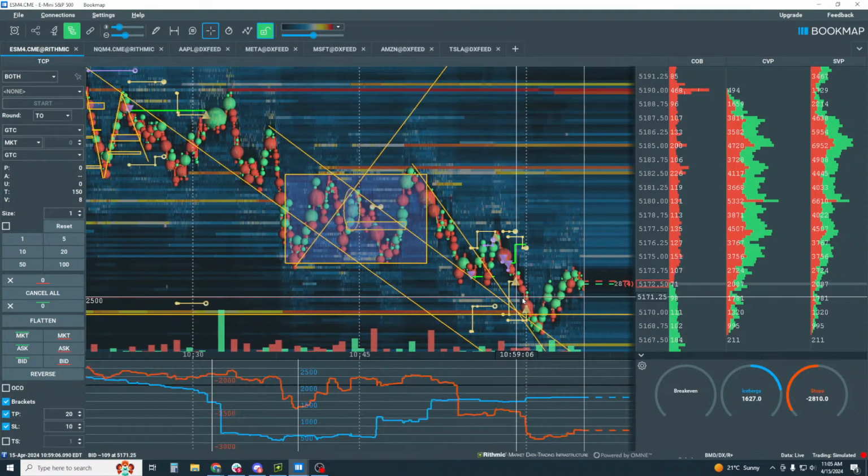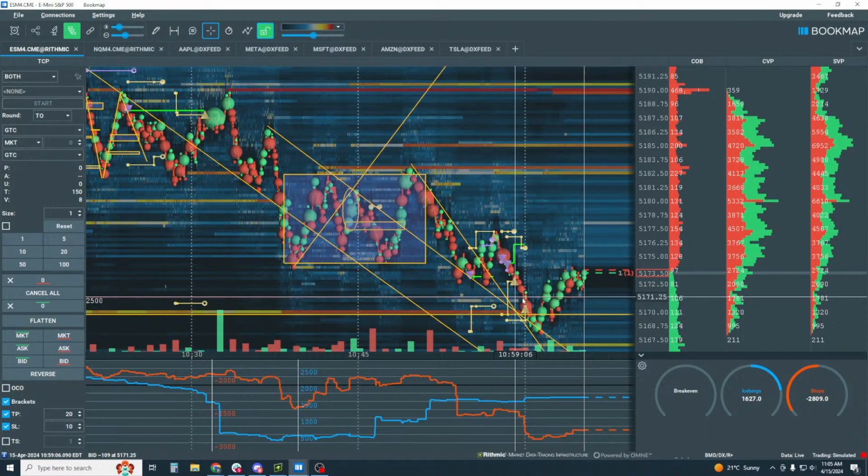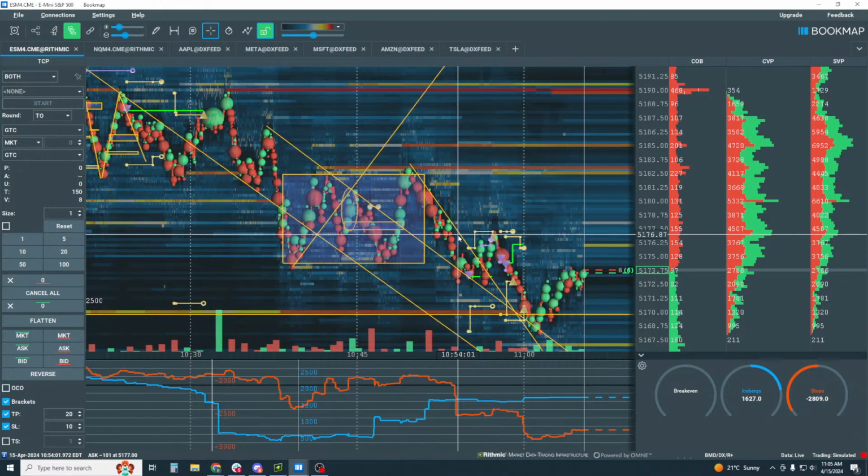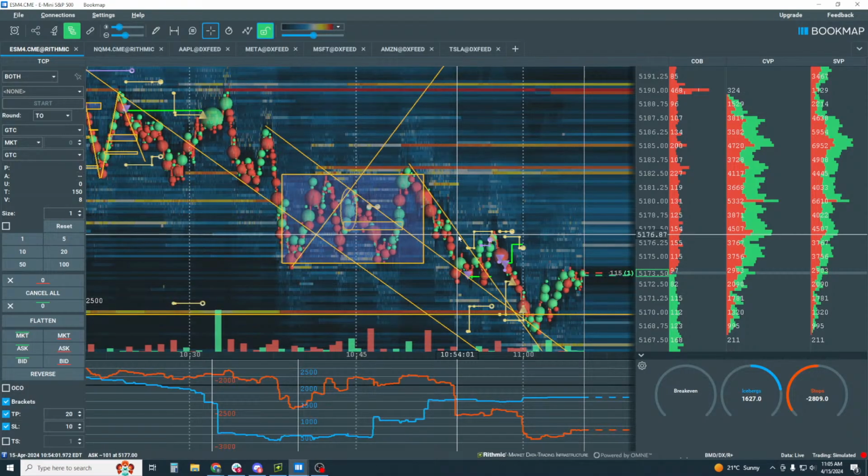Now the stops is a lot easier in the sense that it's typically a stop loss we're talking about. Now you can see I've been entering with stops here, letting the sellers or buyers take us into the trade.